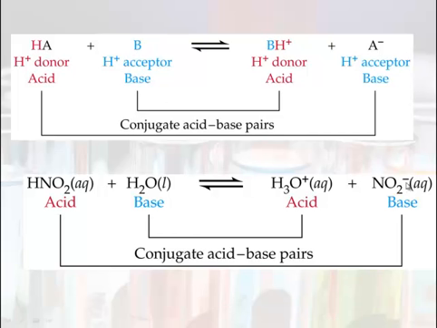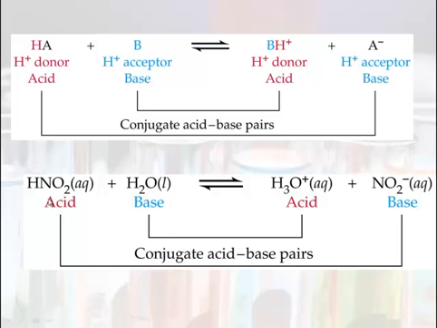So this is the conjugate base of nitric acid. Water here is acting as the base by accepting one hydrogen atom or ion. So water becomes hydronium, H3O+, which is then the conjugate acid of this base.